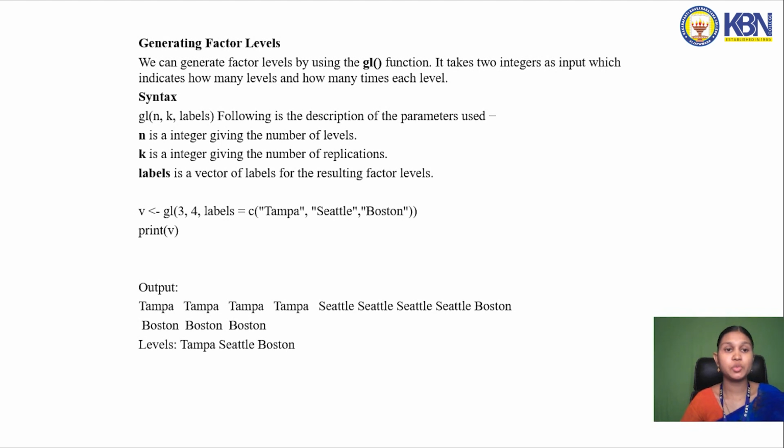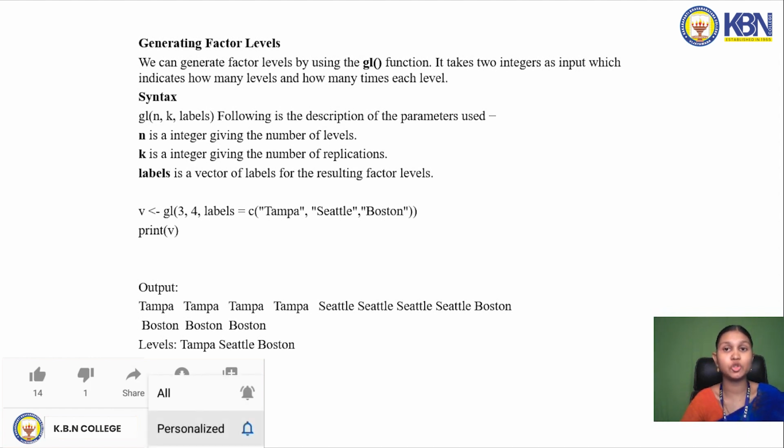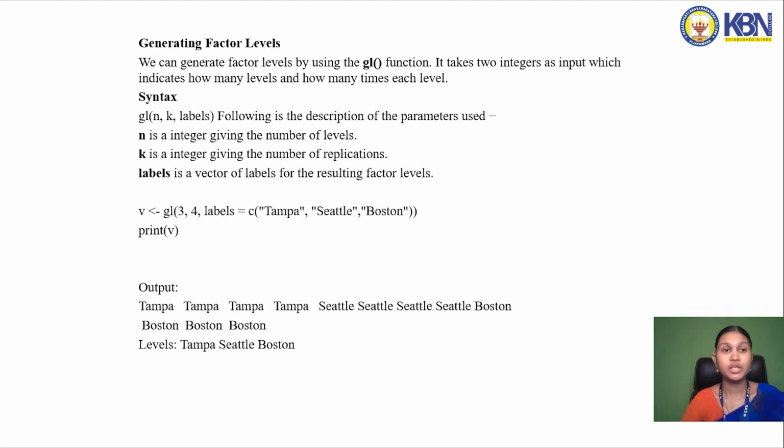Okay, and next one, generating factor levels, represented by the gl function. It mainly takes two integer values, and you indicate how many values and how many times each level will be repeated. Here see, gl means the function, n means an integer value, k means the number of replications, how many times you have to repeat that value.